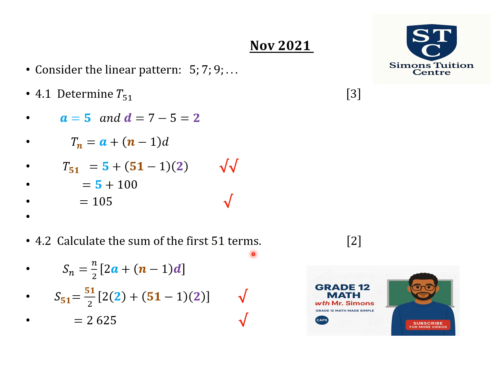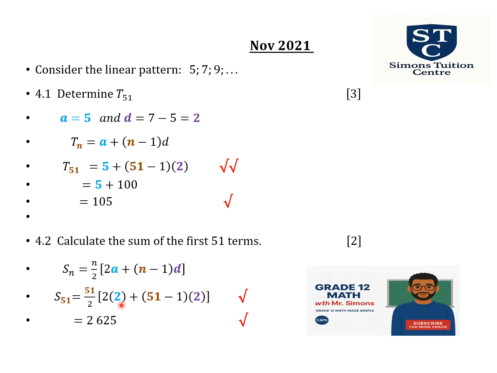Calculate the sum of the first 51 terms. As I say, we're just looking at the basic things where we can get 5 to 6 marks. The sum formula is Sn equals n over 2 times 2a plus n minus 1 times d. For the first 51 terms, n is 51 and d was 2.